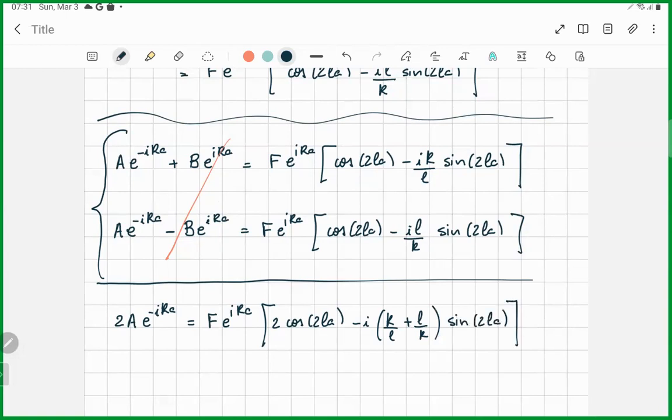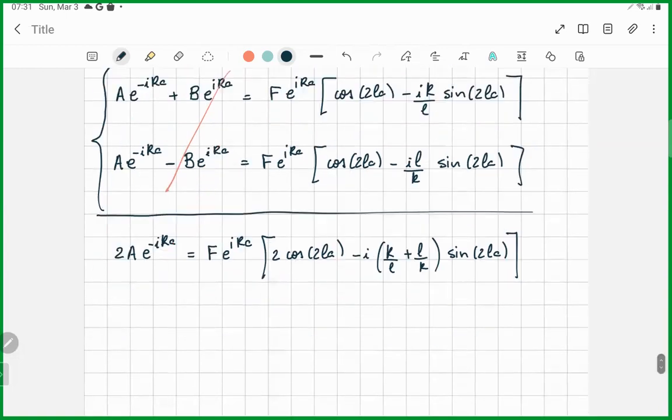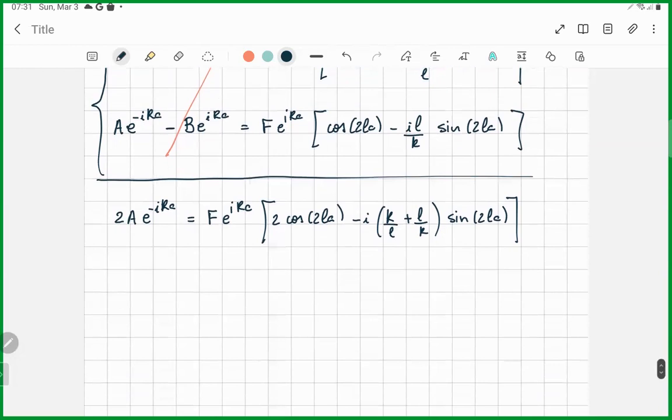And that's it. So we did the hardest part. Now what we can do is isolate this F. Remember, what we want to do later is to find the transmission coefficient.